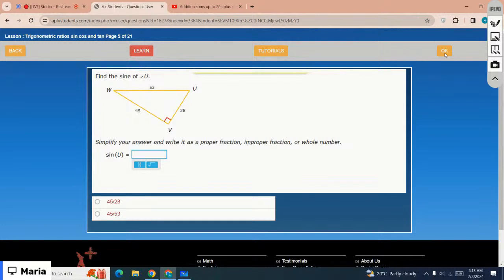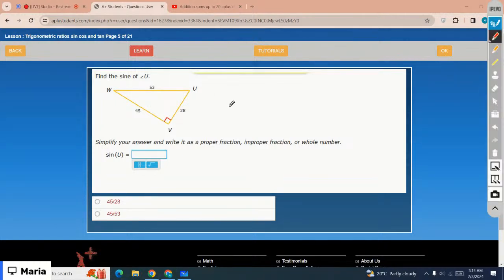Okay, the next one is find the sine of angle U. So which is the correct option? The sine of angle U is opposite divided by the hypotenuse, right?